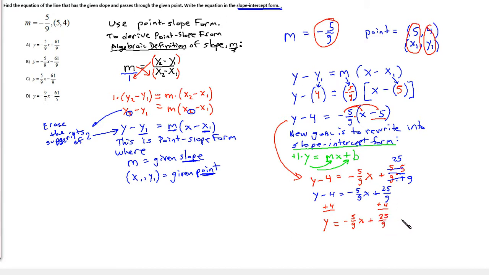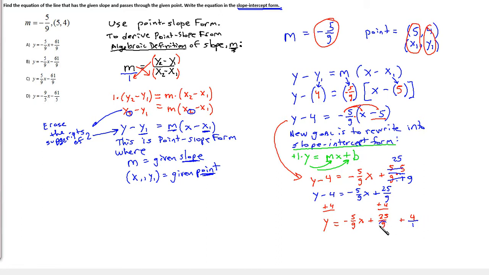and add 4. Well, we're adding a whole number to a fraction, so what we can do is turn 4 as a whole number into a fraction by putting it over 1, and then realize that we really need to develop an LCD and make conversions to equivalent fractions.